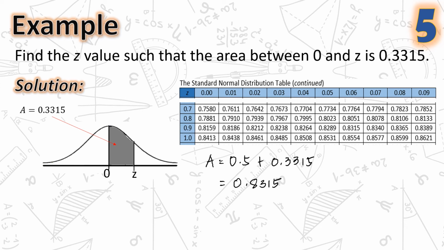We're using that part of the table showing the positive values for z, since we have the z value to the right of 0. And since the area is 0.8315, on the table, we locate that value, 0.8315.